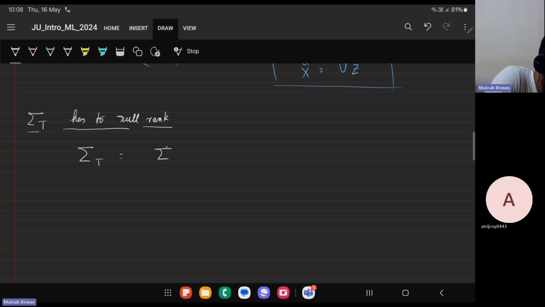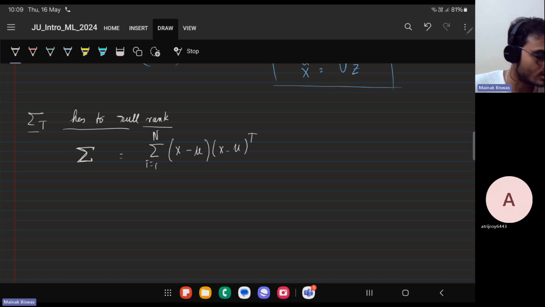So sigma t, let us take the full data sigma. This will be a proxy, without loss of generality, because we are just adding sigmas. Instead of dealing with the constants, I'm just taking the sigma. So n data points, x minus mu transpose, where x is d-dimensional and d is less than n.